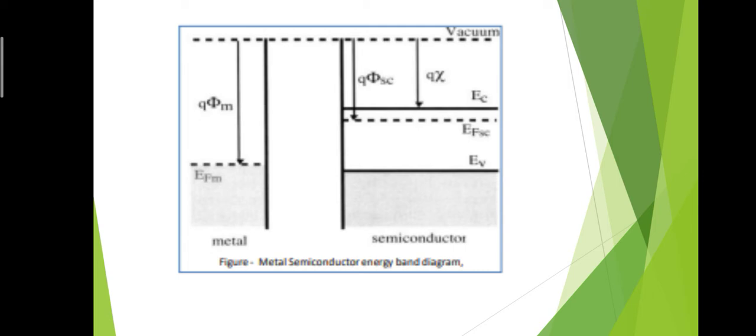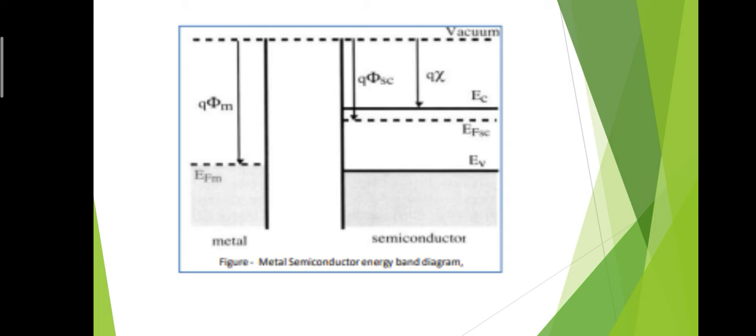Similarly, the conductivity of a semiconductor lies in between that of an insulator and a metal. When we increase the temperature, the conductivity of the semiconductor increases. In a semiconductor there are generally two bands, the conduction band and the valence band.